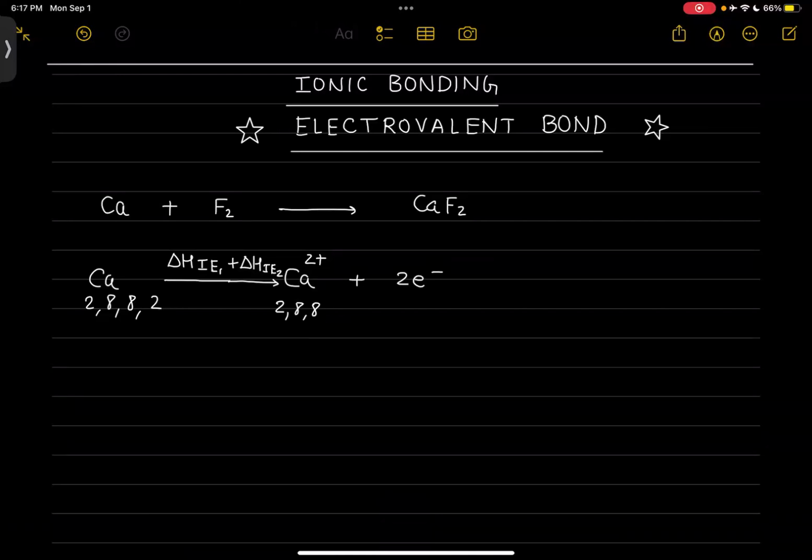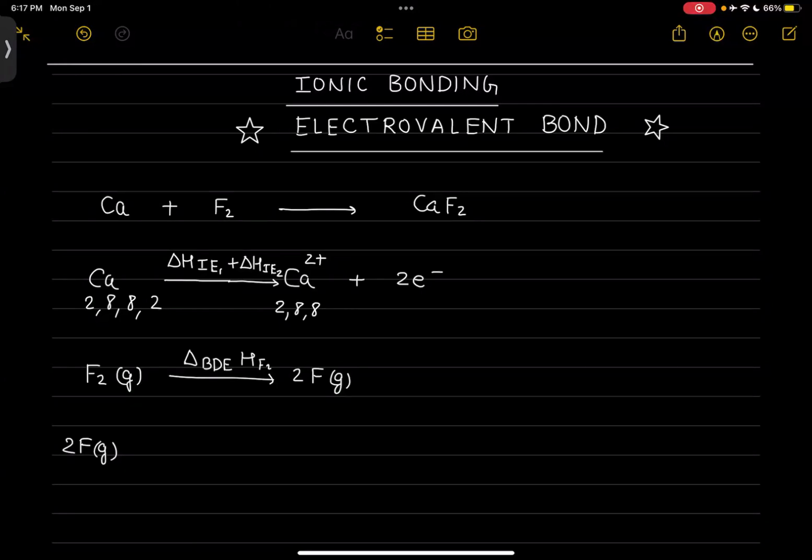And similarly, what will happen to F2? F2 is gaseous. First, you need to give bond dissociation enthalpy, right? F2, first you will break the bond. It will change to 2F atoms. Got it? And those 2F atoms, are they negatively charged now?